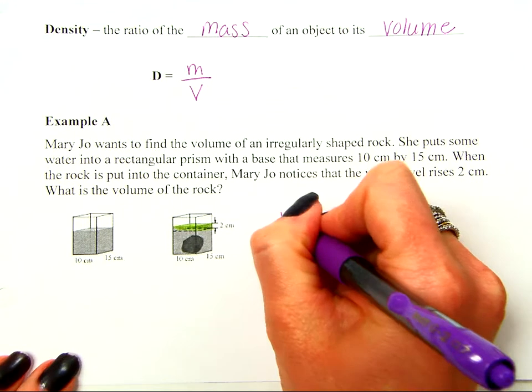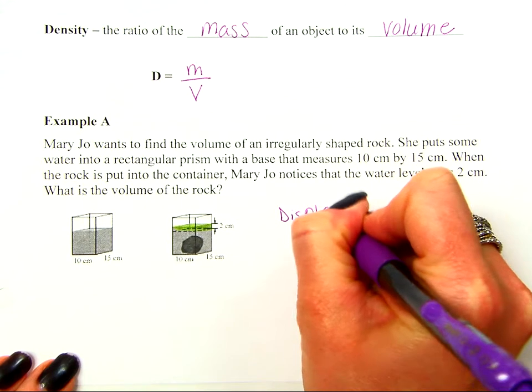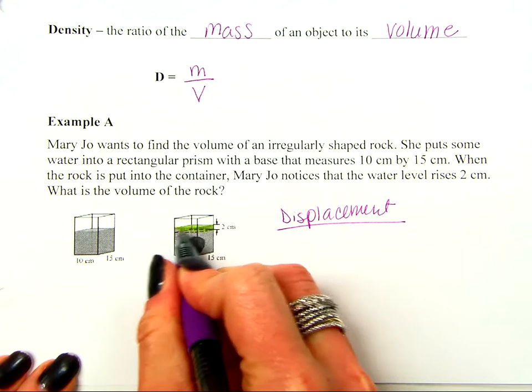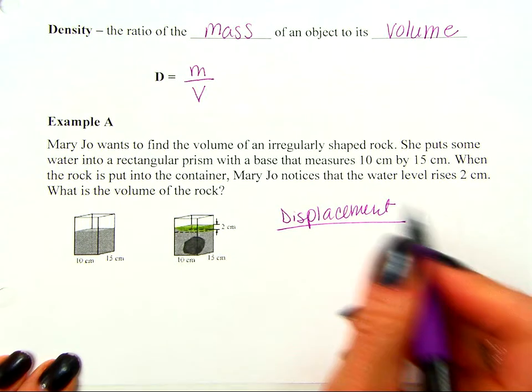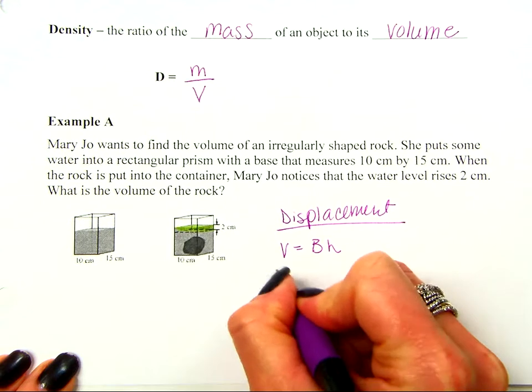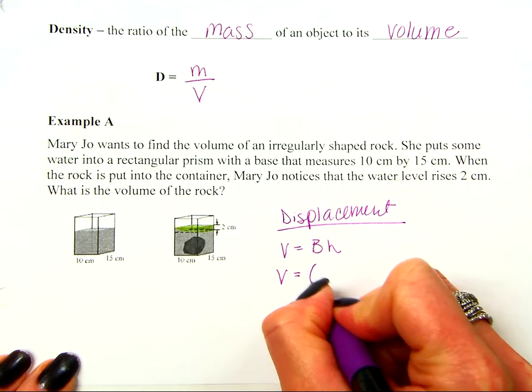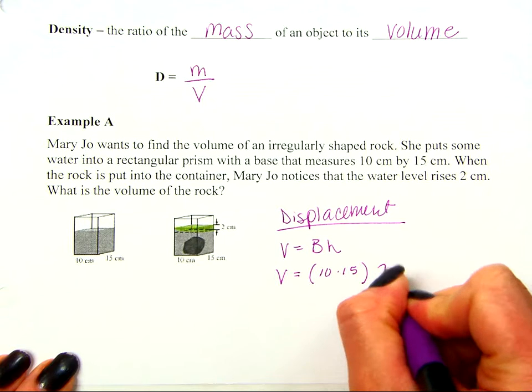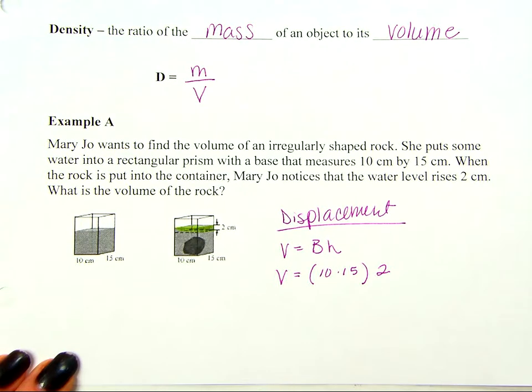So when I think about the displacement, displacement is the volume of that change in water. My volume is capital B times H. The area of my base is a rectangle, 10 by 15, and the height is the change in water, which is 2.